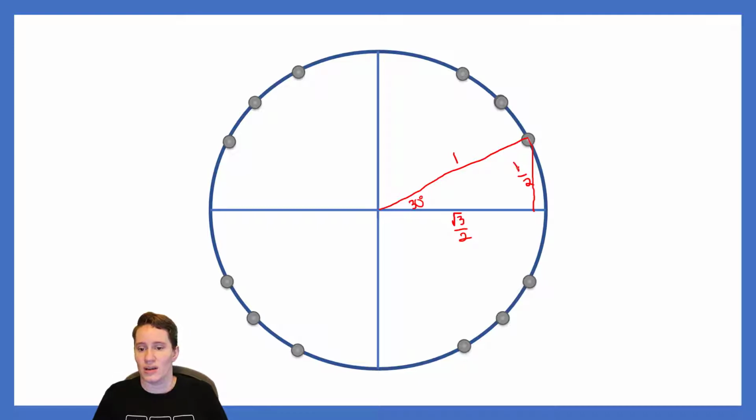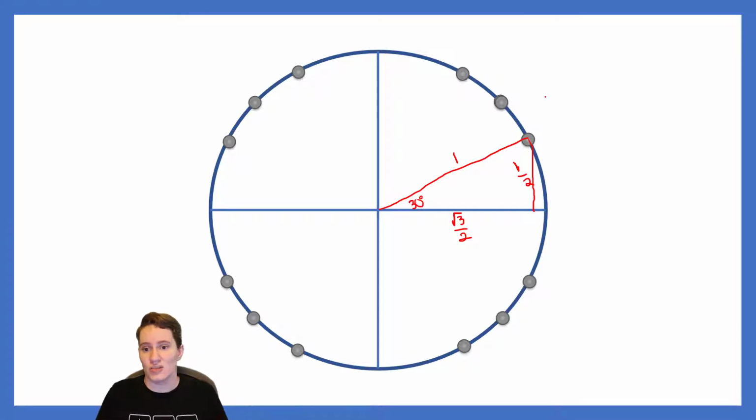And here's what is really nice about that. If the hypotenuse is 1, then these other two sides are square root of 3 over 2 and 1/2. Because our hypotenuse is 1, and normally we put sine and cosine over our hypotenuse, these two values are actually telling us what sine and cosine of 30 degrees are.